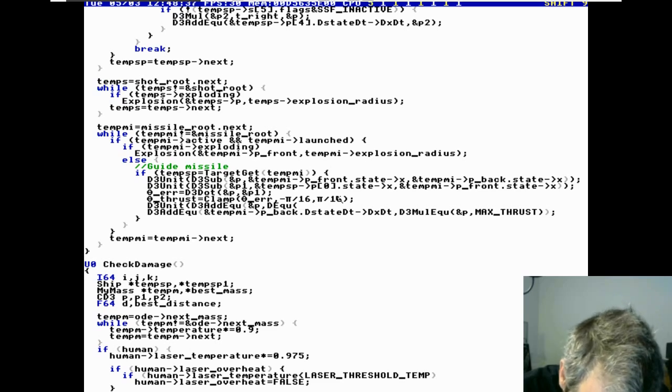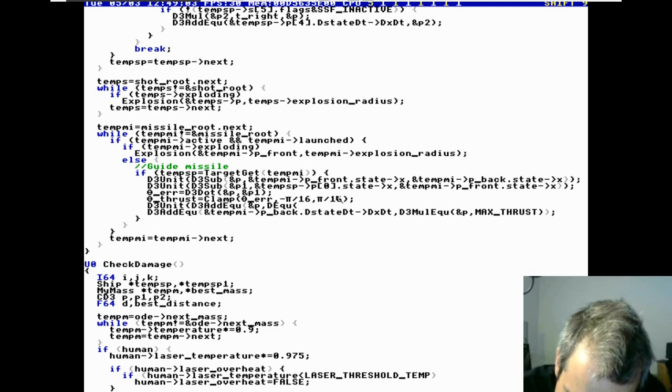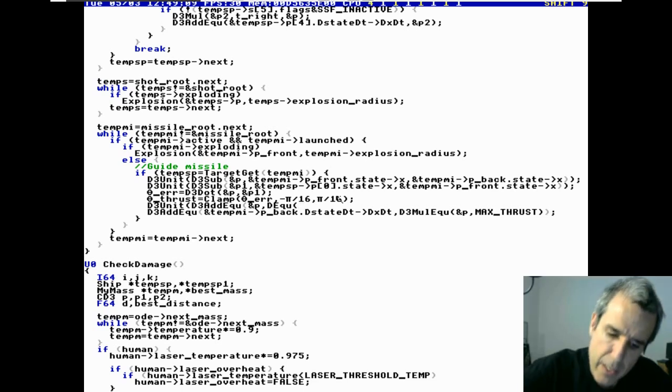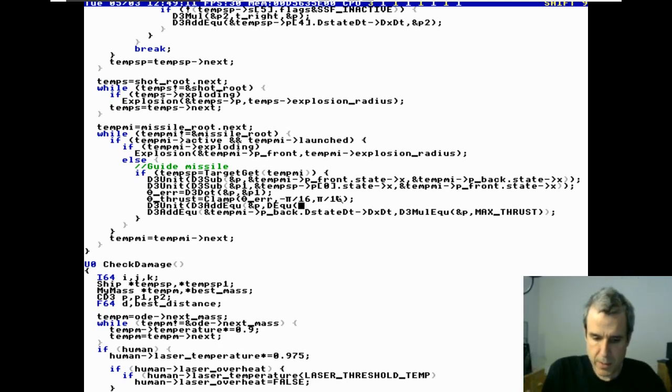Vector, and you have theta. Oh, I know what. We want to rotate by an angle. Okay, I know this operation.